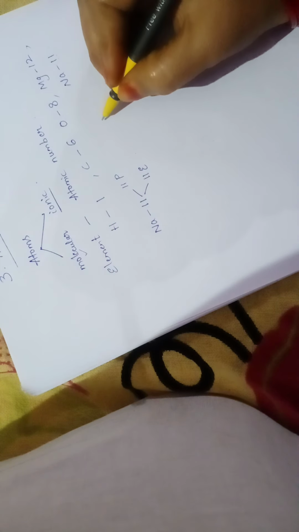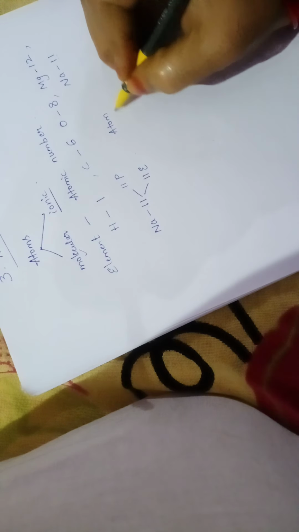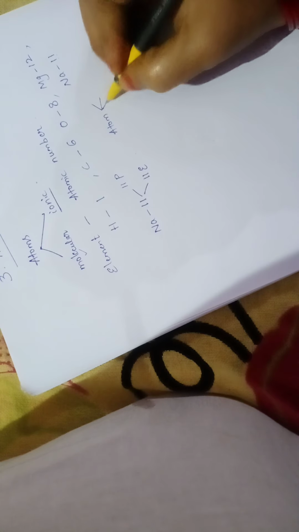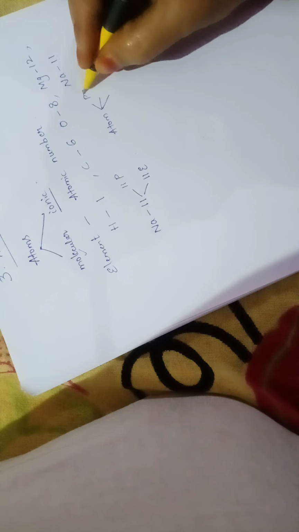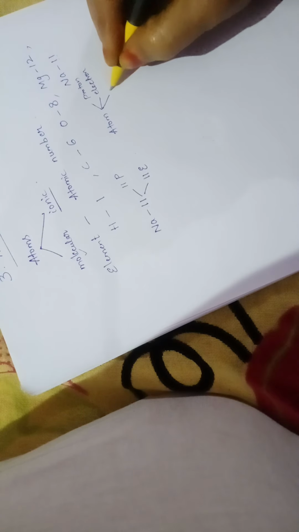Each and every atom, in the next chapter you will get all these things in detail, will have 3 subatomic particles, that is proton, electron and neutron. Clear, children?